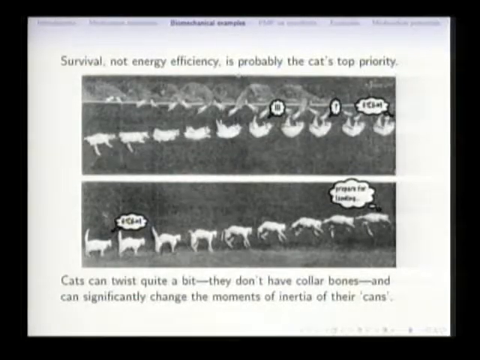Cats can, in fact, twist. The no-twist condition simplifies things. If you want really tidy dynamics and your goal is to say, what is the simplest system that can still do this thing, then the no-twist condition is a really nice effect. But cats, key thing, they don't have collarbones. I will again use my little stuffed model here. We stand upright. We have collarbones that stabilize.